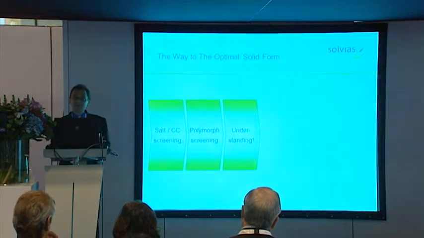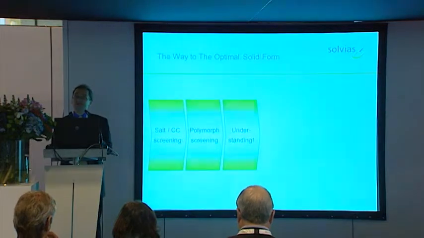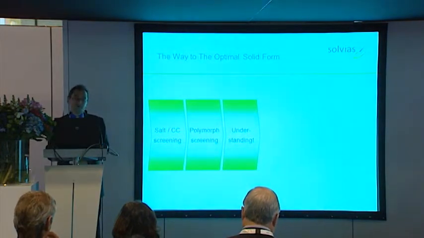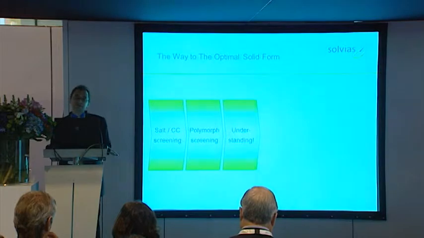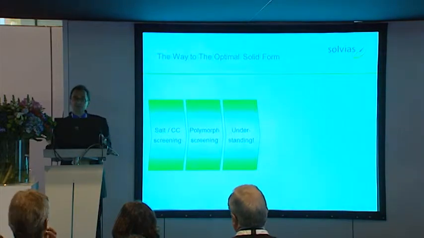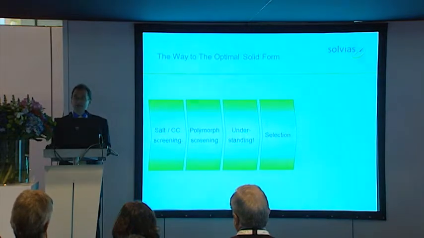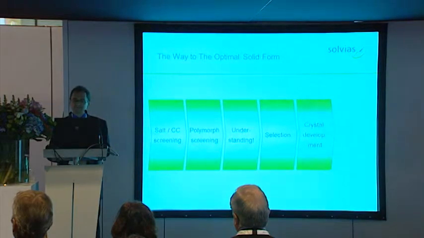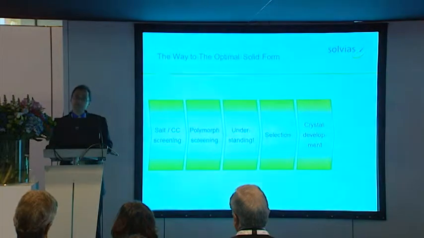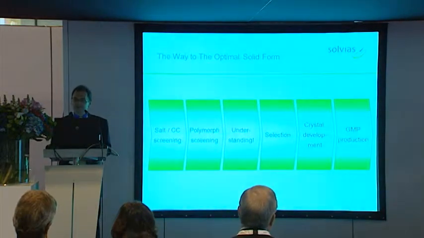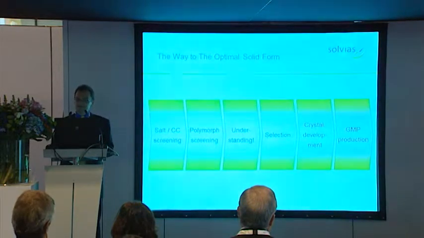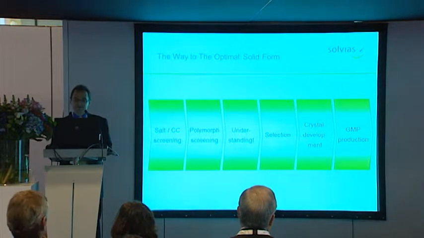And then probably the most important thing is you have to understand the properties of these various forms. You have to characterize them well. You have to understand the transition from one form to the other, so that you can really select the best one for your particular application. Then after that, you have to develop a crystallization process to make that desired form. And then of course you have to transfer it to a GMP facility to produce it under GMP.